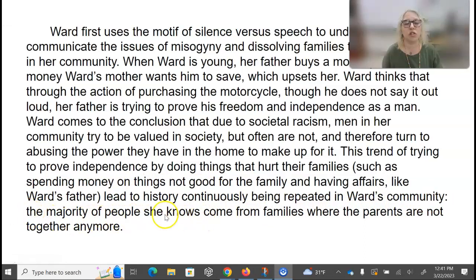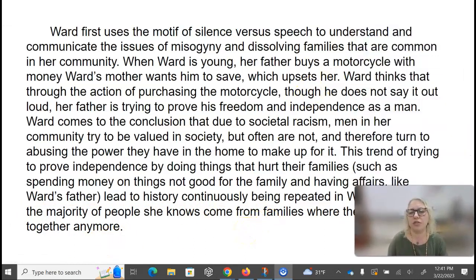The majority of people she knows come from families where the parents are not together anymore. All right, so this is an excellent paragraph to use as an example of one of your body paragraphs in response to prompt 2 on Men We Reaped.